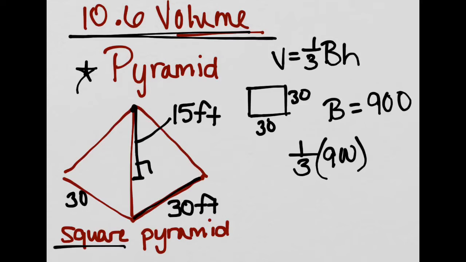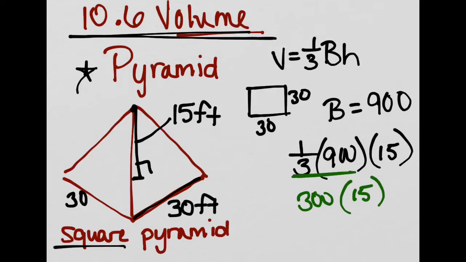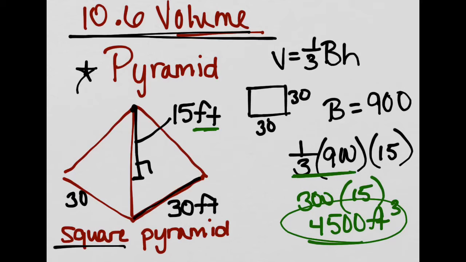So that is 900 times 15. Now I can work with my order of operations, and I go 1/3 times 900 is 300 times 15, and that is going to give me 4,500. Let's look at our label, which is feet, and volume is always cubed. So 4,500 feet cubed. Let's go ahead and do another one like that.